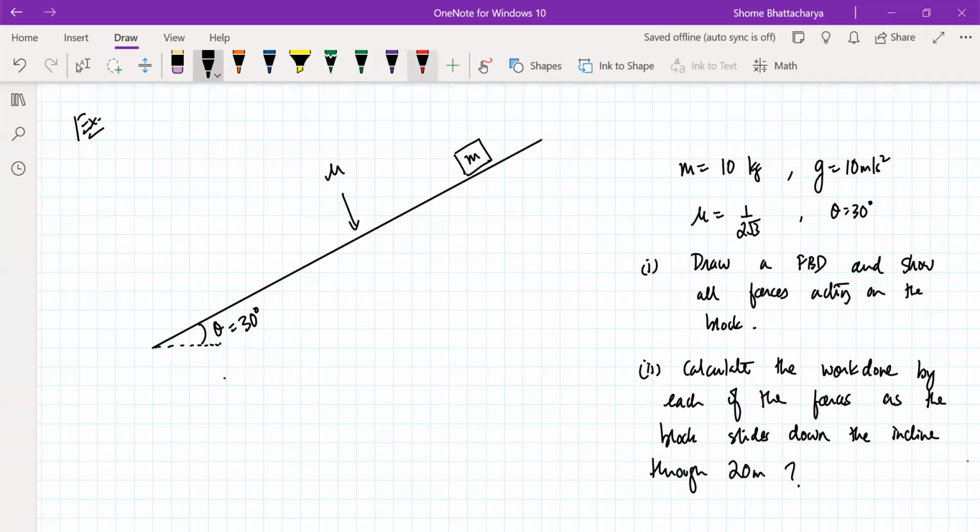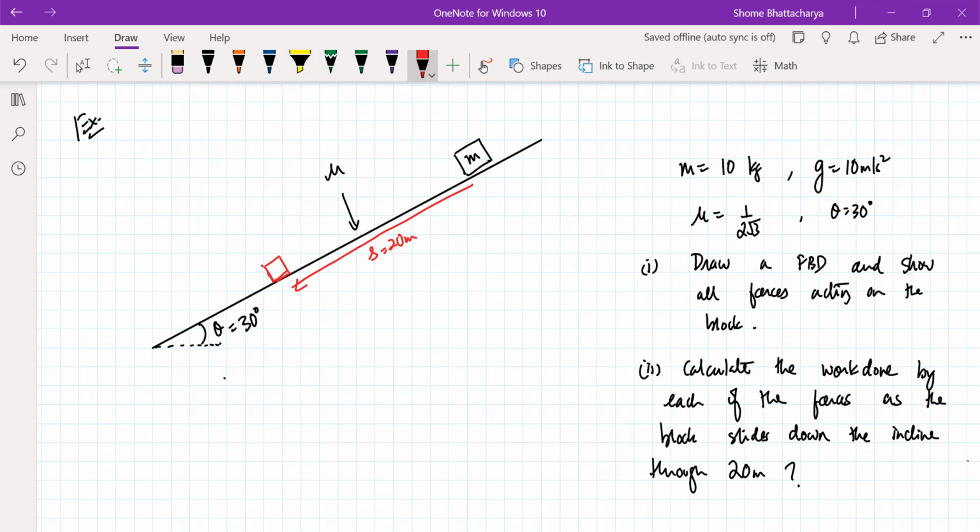So as the block slides from here to, let's say, here, through a displacement of 20 meters, you have to calculate the work done by each of the forces.